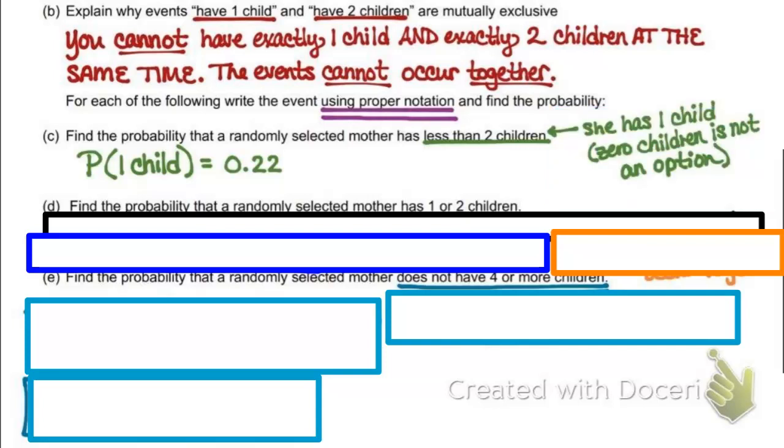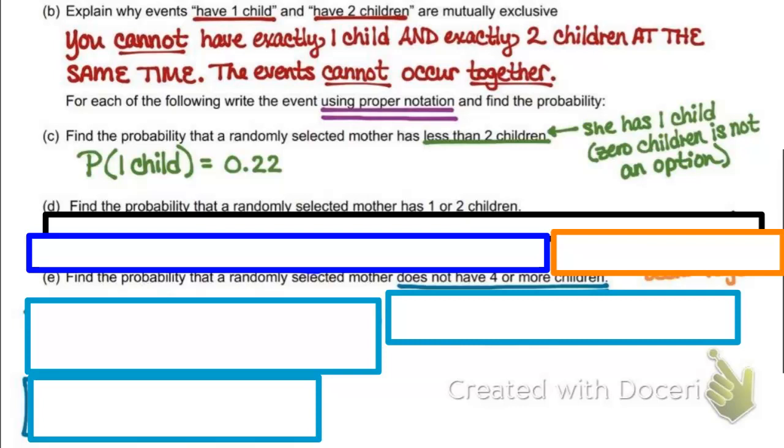I went ahead and added the child, but almost always with our probability notation, there's going to be all kinds of abbreviations going on. So P(1) or P(1 child). She has 1 child. 0 children is not an option. If it's less than 2, it's 1. I'm not saying that in real life 0 children isn't possible, but in this probability table, we're talking about mothers. So they have at least 1 child.